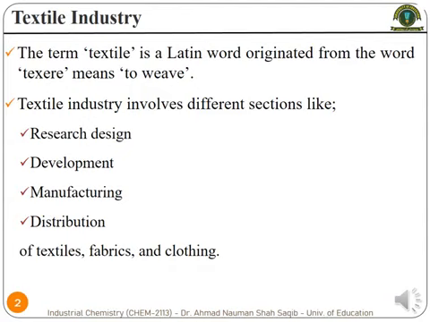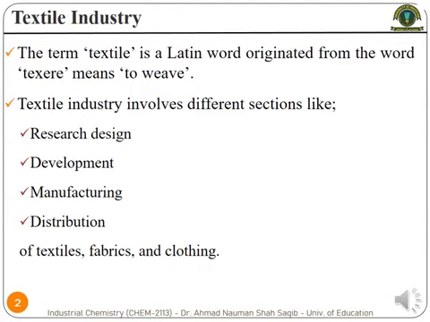And after we develop these products, the next and one of the most important processes is the distribution or marketing, and delivering those textile products, taking them from the industry and giving them to the end user.